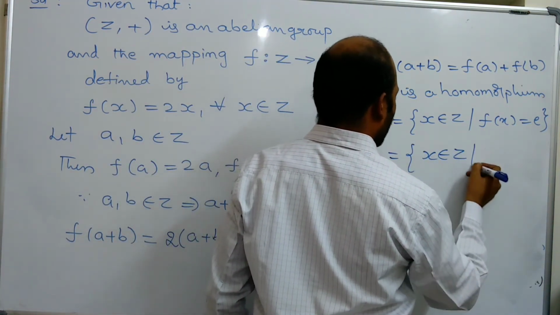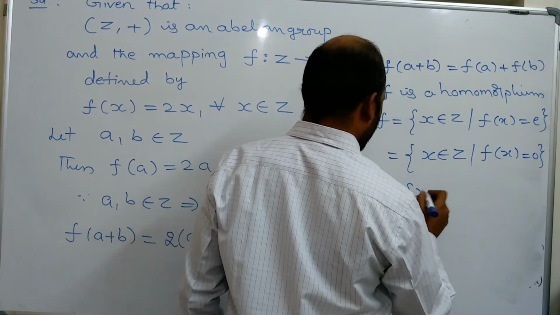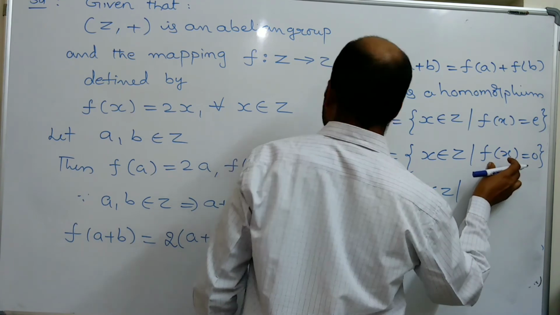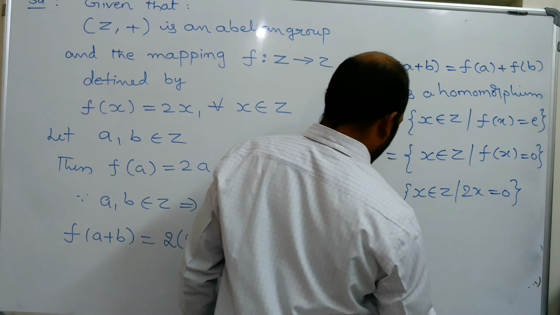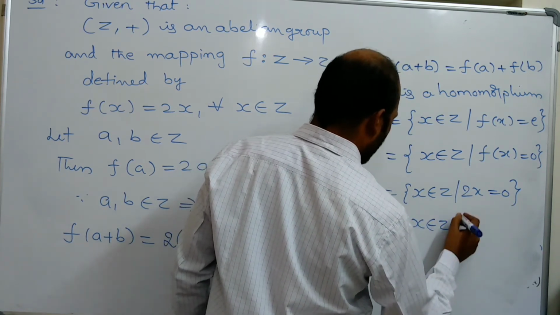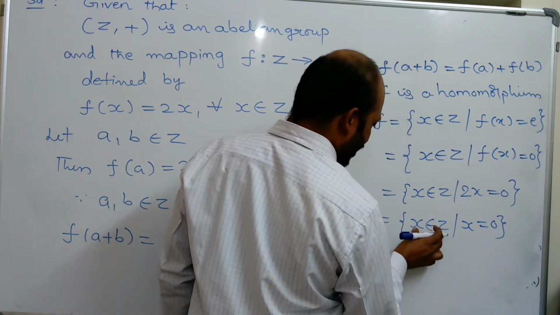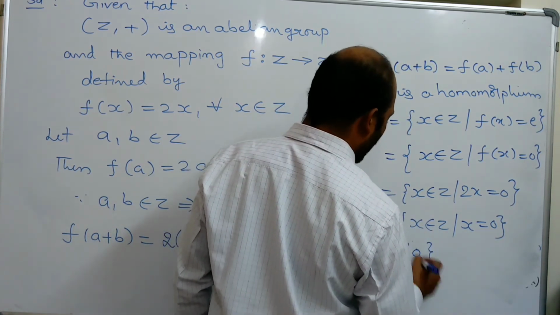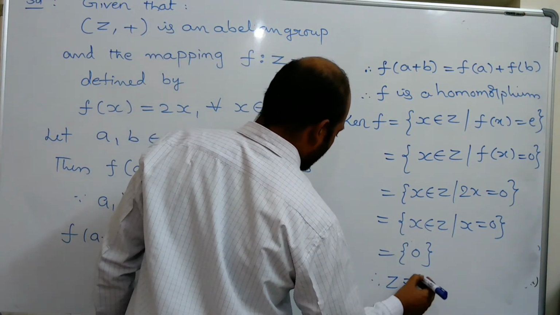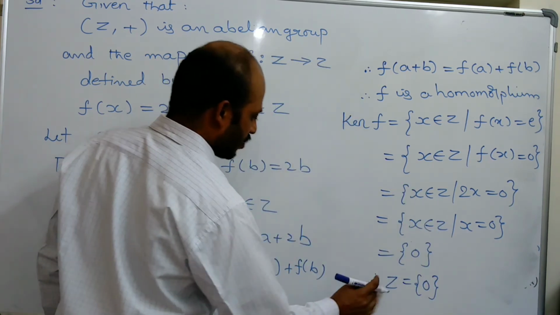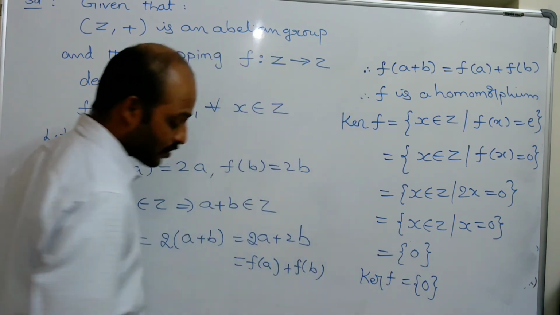So x belongs to capital Z such that f of x is equal to 0, which is equal to x belonging to capital Z such that, what is the definition of f of x? 2x. 2x is equal to 0, which means x is equal to 0. It means x belongs to Z and x is equal to 0. There is only one element, the 0 element, in the group of integers. Kernel f is equal to {0}.